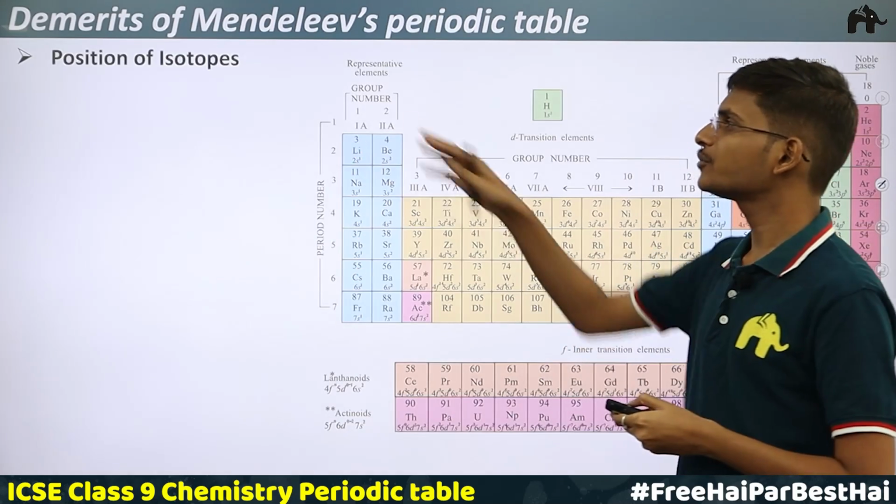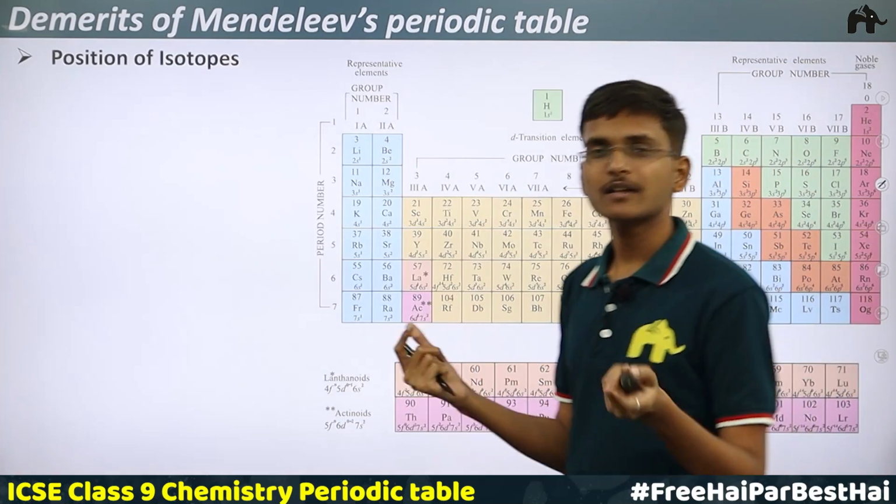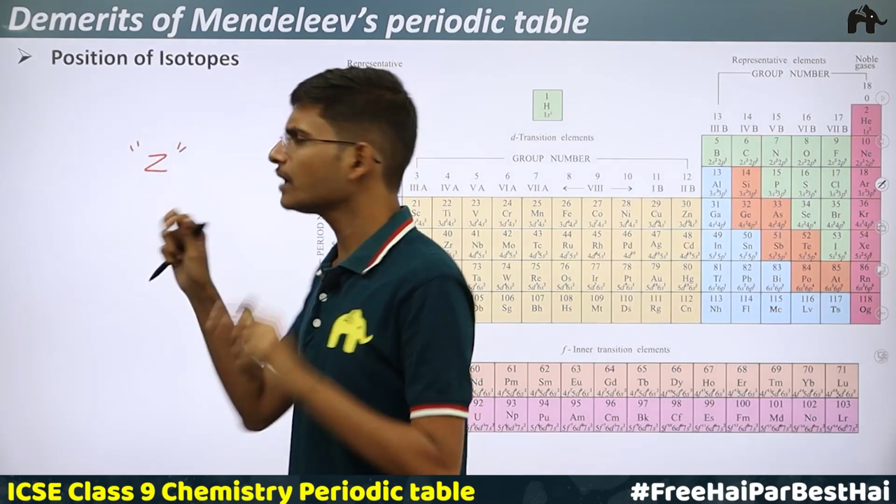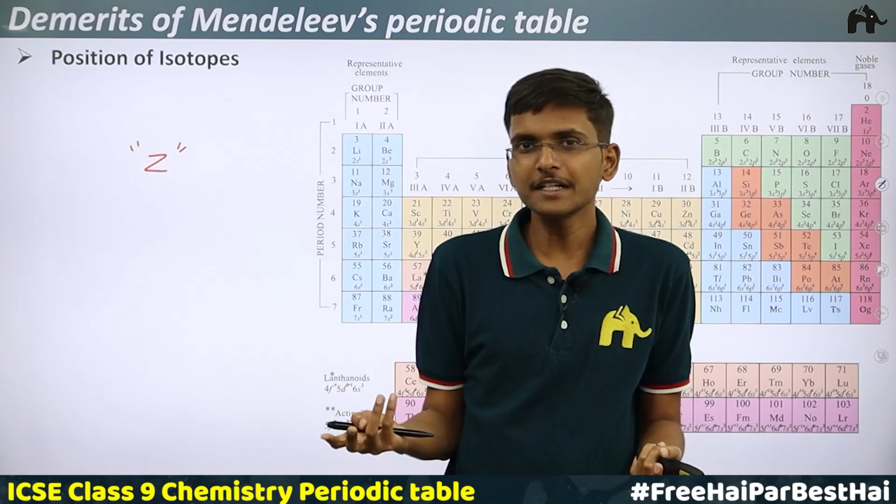Clear? Next is the position of isotopes. Isotopes are simply atoms of the same element having the same atomic number, right?